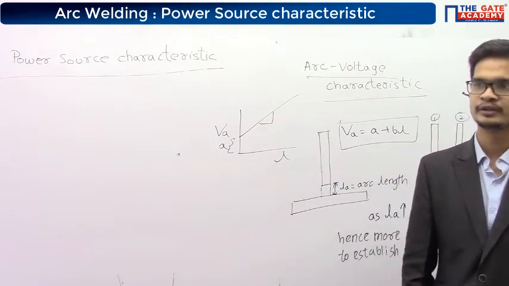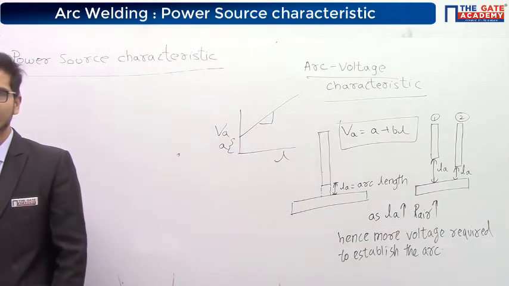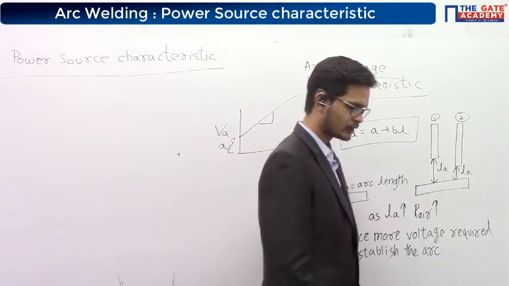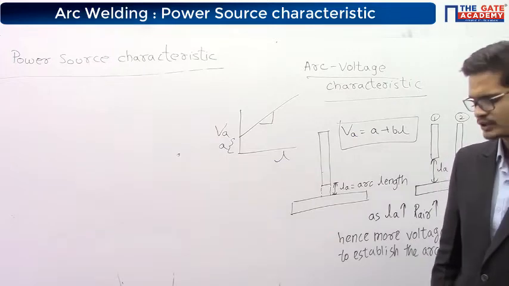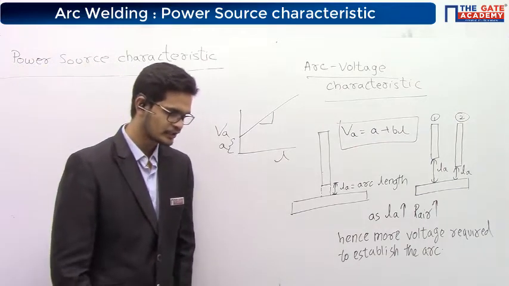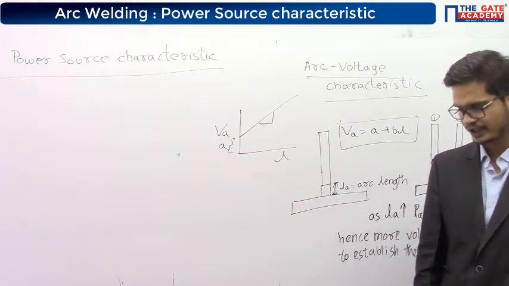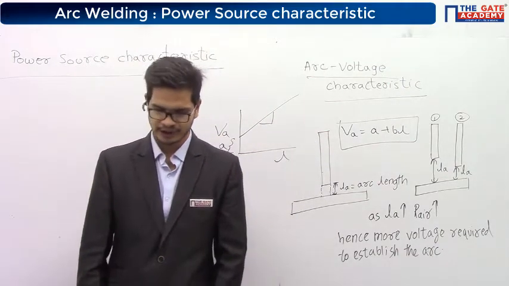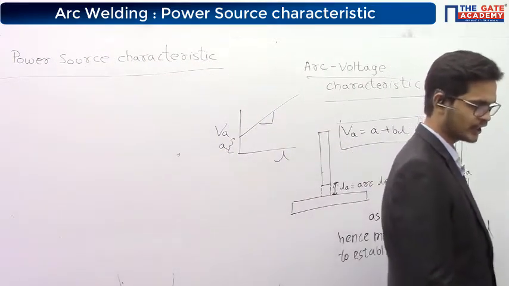Next point. In manual arc welding, since it will be very difficult for us to maintain a constant arc length, the arc voltage will keep on changing.